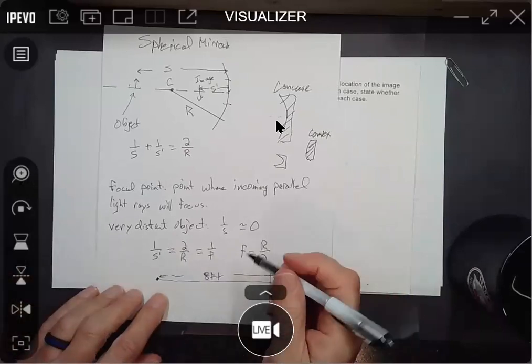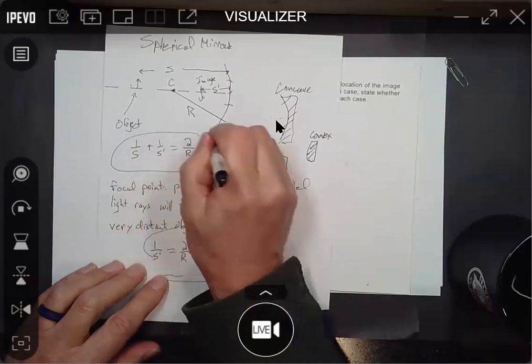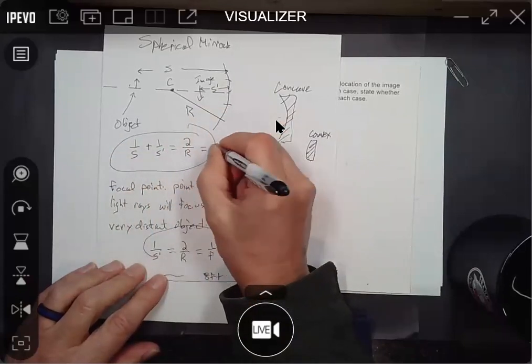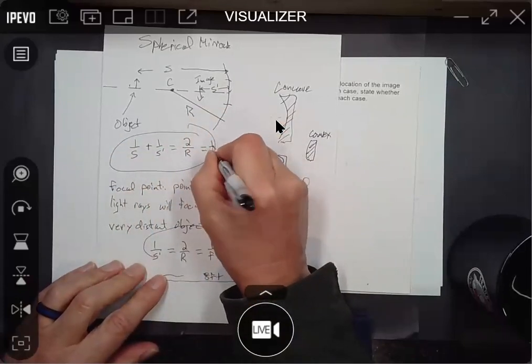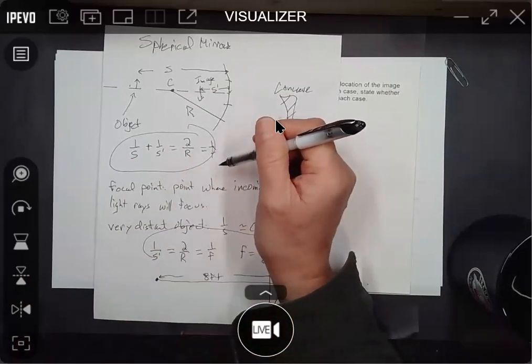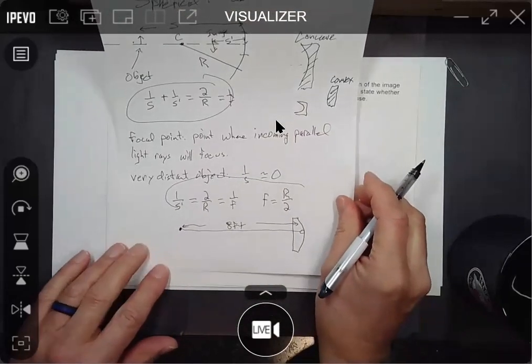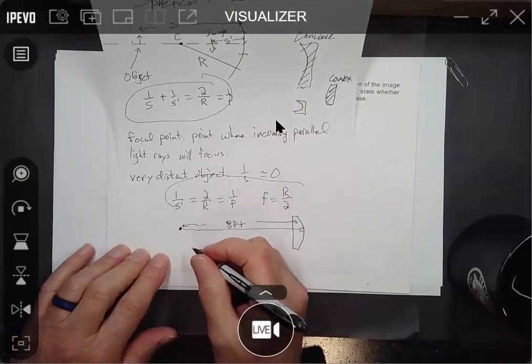So here's a couple of equations. We'll have this one, but we'll also extend that and just go to 1 over F. And so that's part of what we're going to use today. Something else that comes out of this is the magnification of the object.